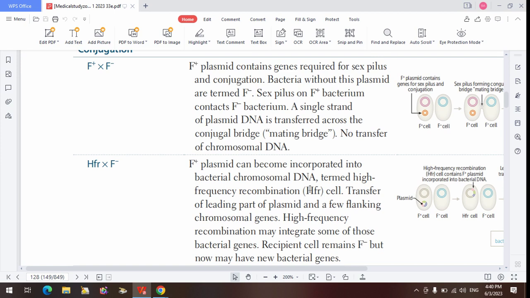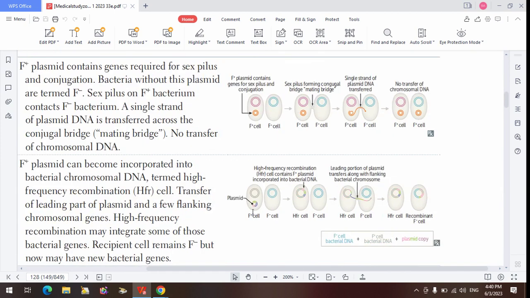So when a cell that has already done that comes together with an F negative cell, a portion of the plasmid is going to lead the way. In the process, it's going to drag along portions of the bacterial chromosomal DNA that it wants to transfer to the other cell. It's not going to transmit all of the plasmid.